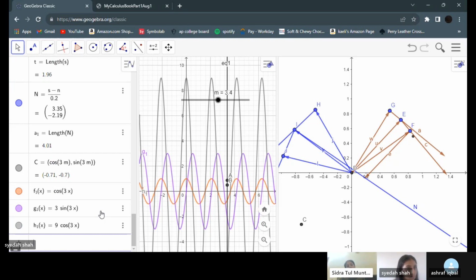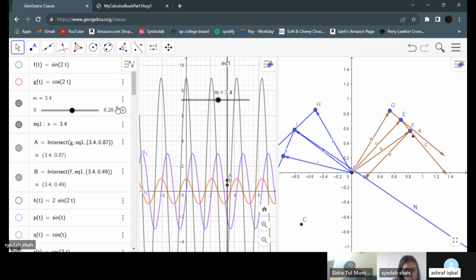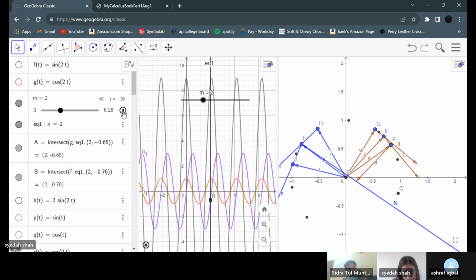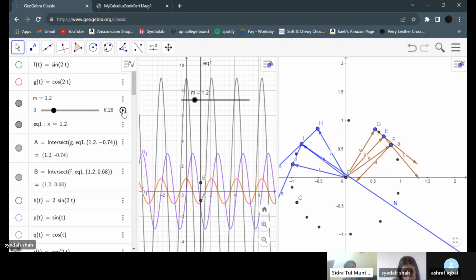Okay, so now you are going to trace the circle. Stop.